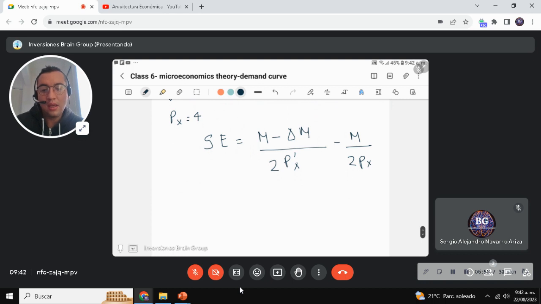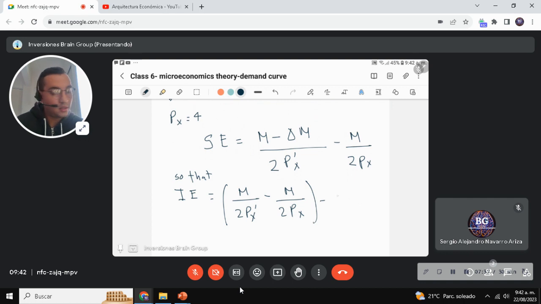Okay, the income effect is the remainder of the price effect, so that income effect equals m divided by price prime x minus m divided by price x, minus m minus variation m divided by price prime x minus m divided by price x.